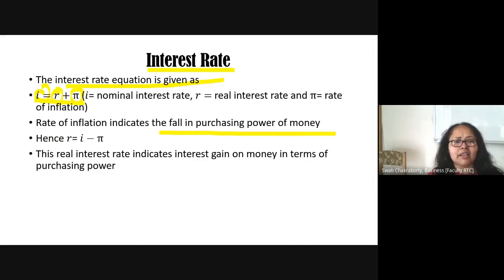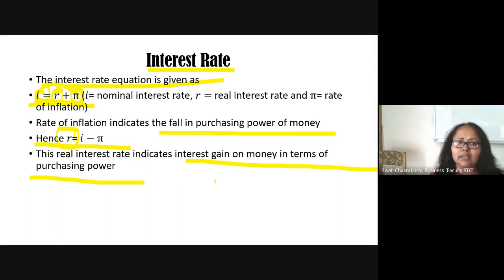And if you want to find out the real interest rate from this equation, you just take pi to the side. So it becomes I minus pi. So R is equal to I minus pi. So the real interest rate indicates the interest gain on money in terms of purchasing power. Okay, so what is the interest gain on money? What are you getting in terms of purchasing power? People's purchasing power.